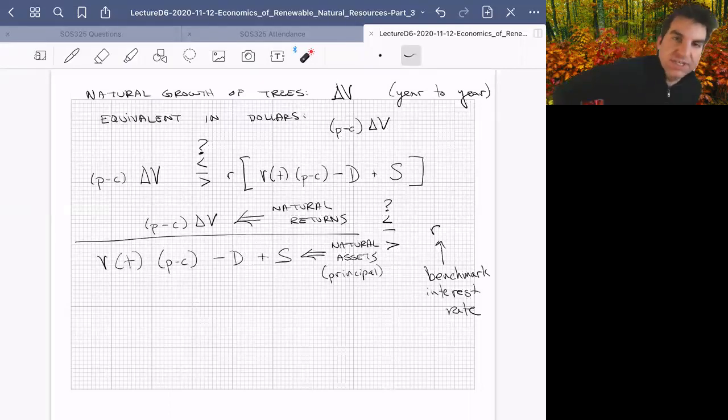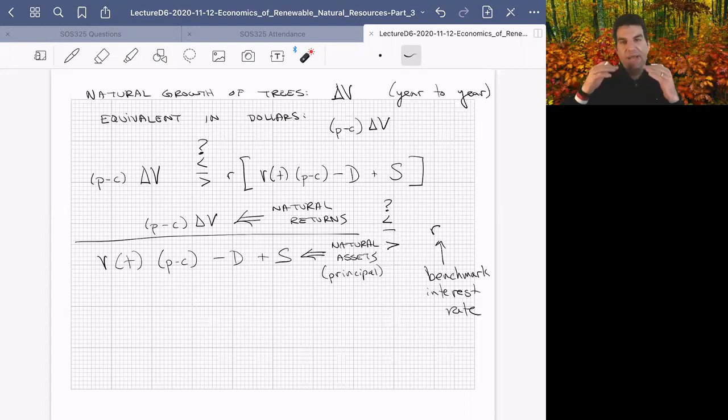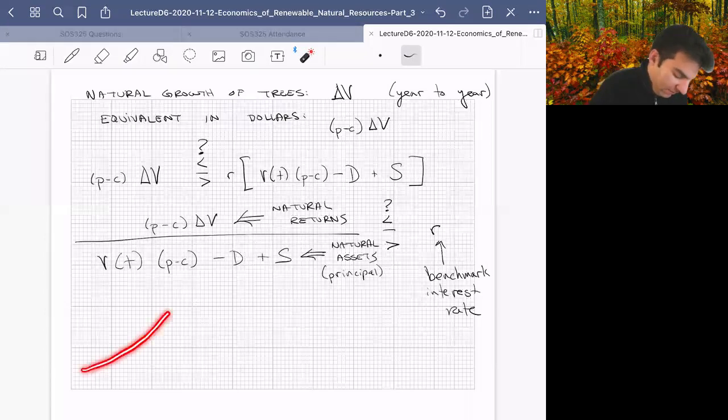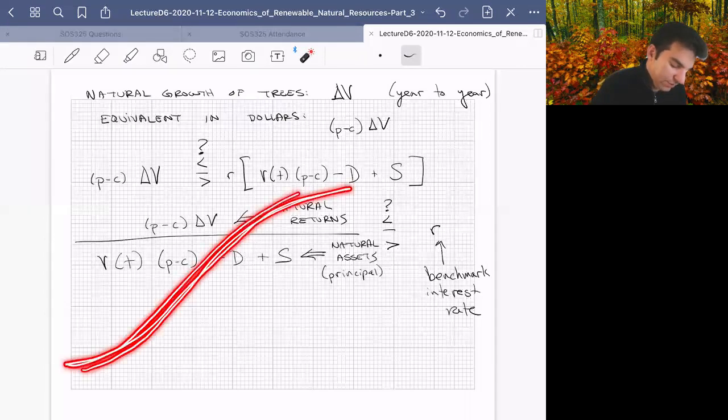And so the no arbitrage condition is basically engineering your cutting strategy so that you get the same interest rate in both cases. So it doesn't matter if you're putting your assets in the bank or in the trees. If you'd like to think of it in terms of rotation, what you're really doing is climbing up that volume curve, which I kind of drew up there.